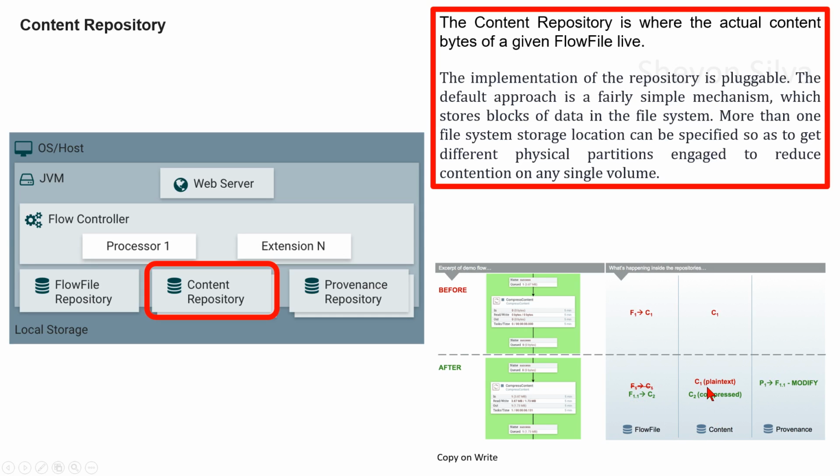In the content repository, C1 is the plain text, and C2 is compressed, and in provenance C2 is pointing to F1.1, it's in the modify.